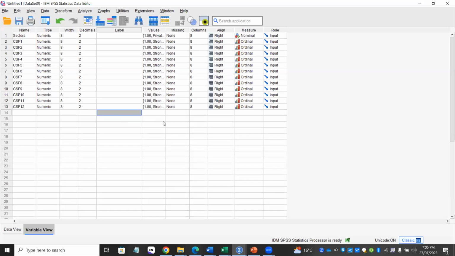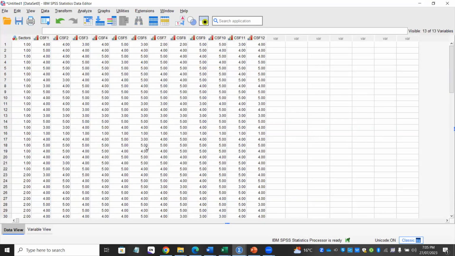I must say that there are two ways by which you can put in this data. Yesterday, I just showed you where you are entering the data straight from your survey.